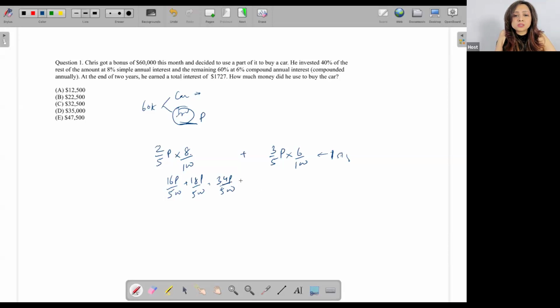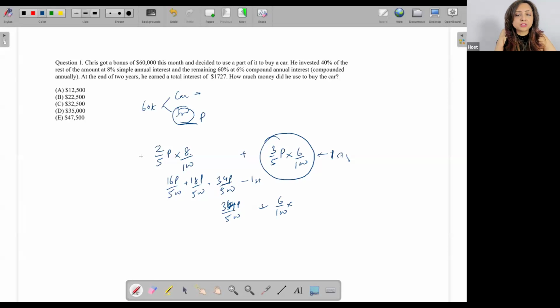So this is the interest of the first year, and for the second year I'm going to have the same 34P by 500. Plus, I'm also going to have 6% on this 18P by 500. This is my interest on the interest that was generated in the first year, just the part that was compounded.